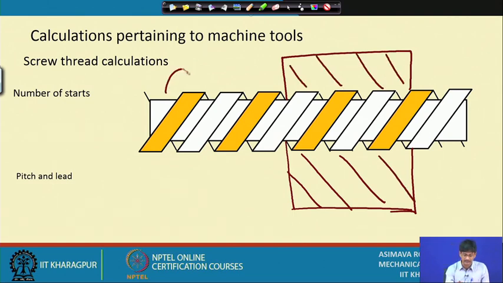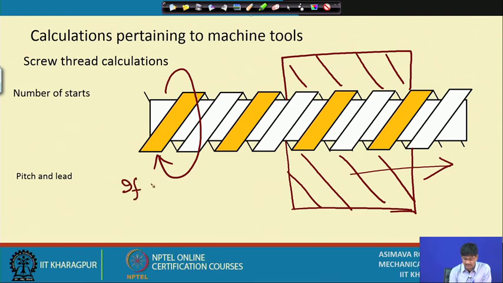If you rotate the screw and if you hold the nut steady so that it cannot rotate, it will execute translational motion. Now, for single start threads, if k is equal to the number of such helices, separate helices, it is called number of starts equal to 1.